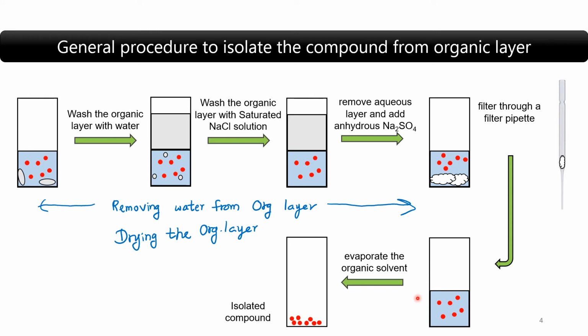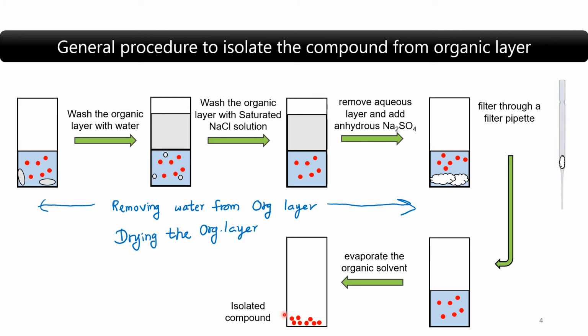And here is why it was important to have a low boiling point for the organic solvent. We can evaporate it really fast by heating it to a very low temperature, which is much lower than the melting points of these compounds. So these compounds are not going to be affected. The solvent will be quickly removed and our compound will be remaining as a residue.